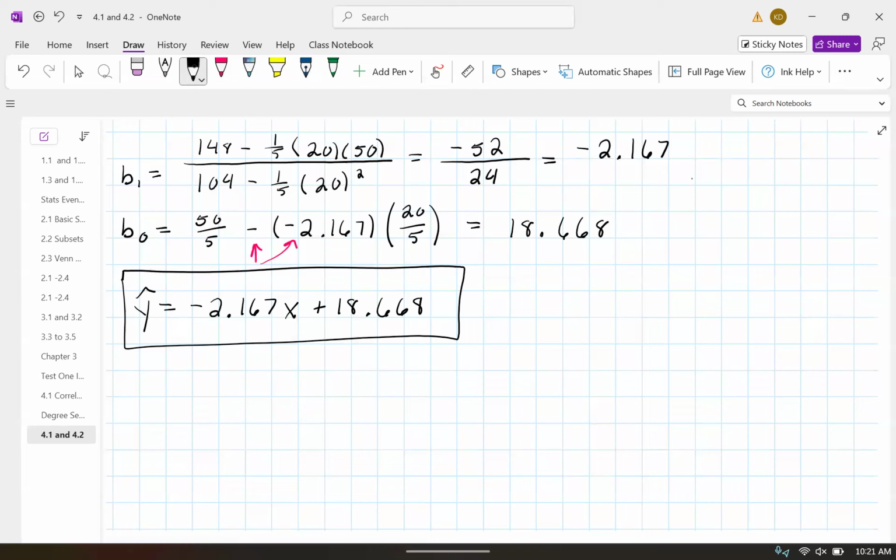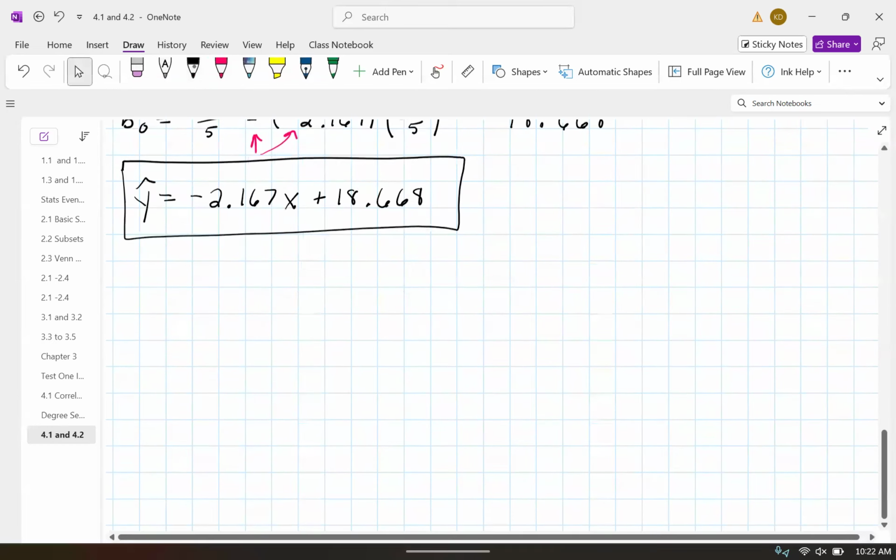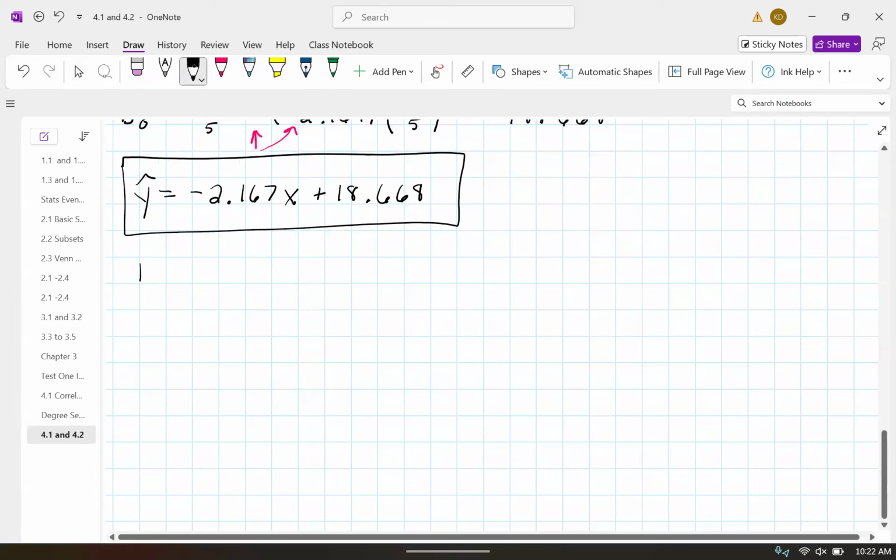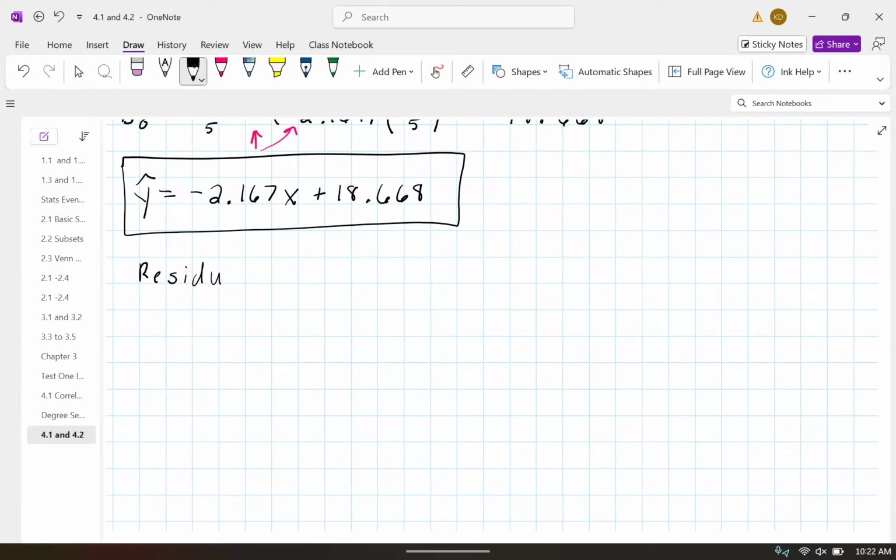So we have to calculate the residuals. And we only do this for this section, maybe the next section. What we do is we take the sum of our actual Y value minus our predicted Y value, and square. So take your actual minus your predicted, square them, and then add them up.